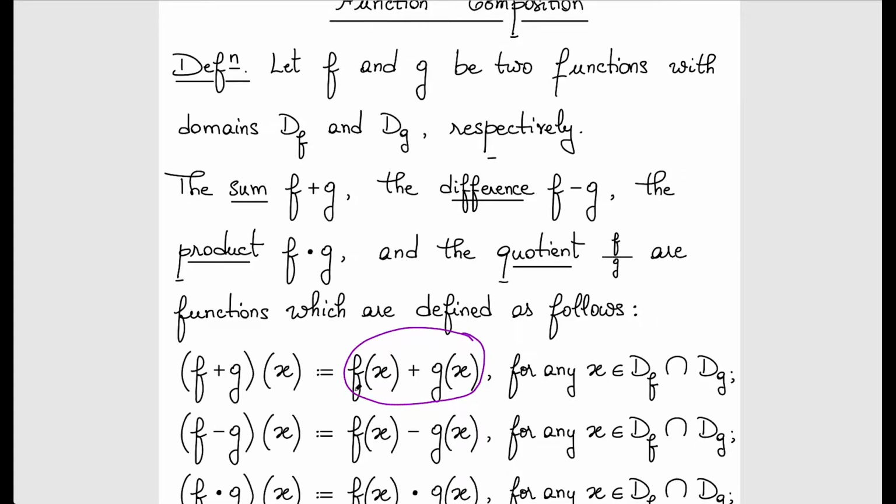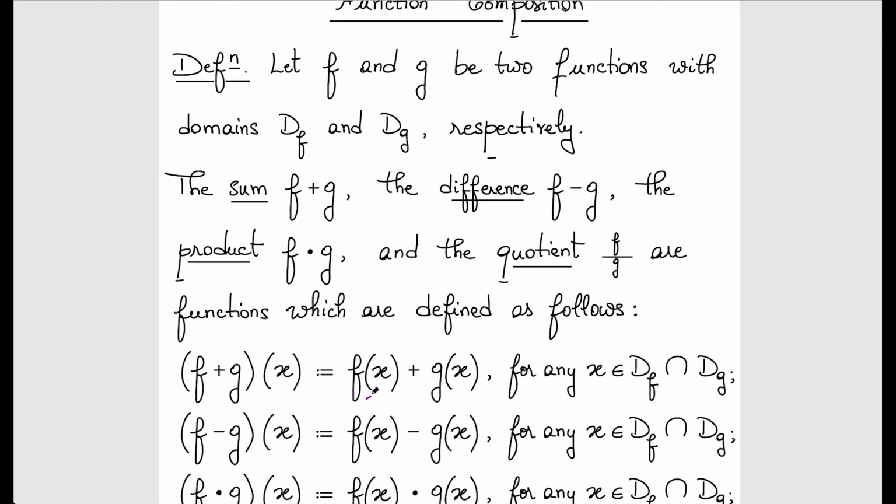which is the right hand side is defined as long as each of these two entities is defined, right? So if f of x makes sense and g of x makes sense. And when does f of x make sense? If x is in the domain of the function f, right? For this output f of x to exist, you need x to be in the domain of the function f, right?